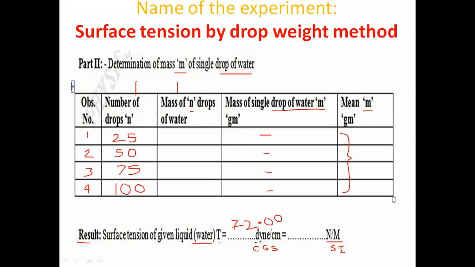You know very well the relation between dyne and Newton and centimeter and meter, so you will easily convert this value of 72 from dyne per centimeter to Newton per meter. So this is all about surface tension by the drop weight method.